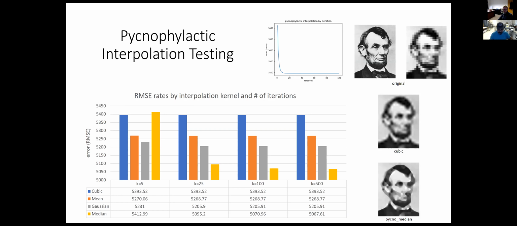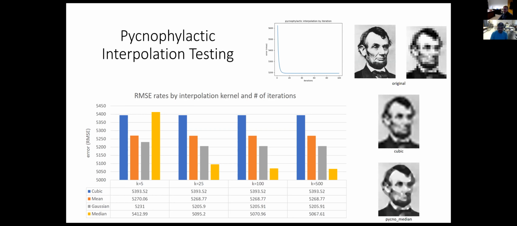The cool thing about the median is that there's significant improvement at each iteration block. At 5 iterations, it's worse than any of the methods. But by 25 iterations, it's better than any of the methods. We're able to reduce error down to 5,067, which is better than any of the other kernels and better than any of the interpolators.